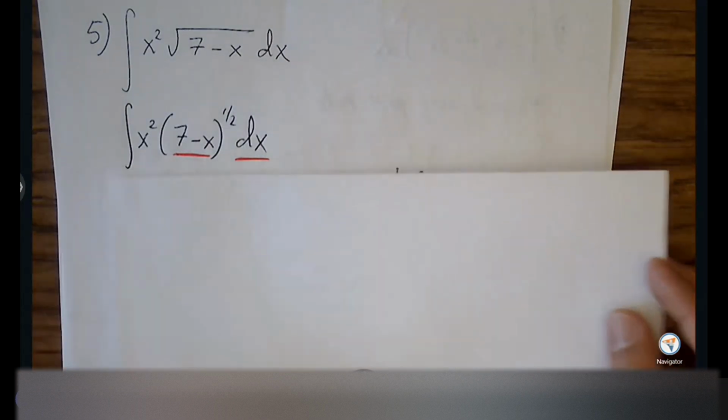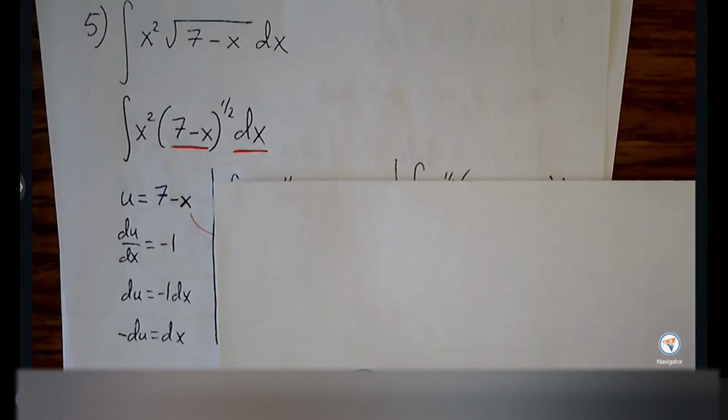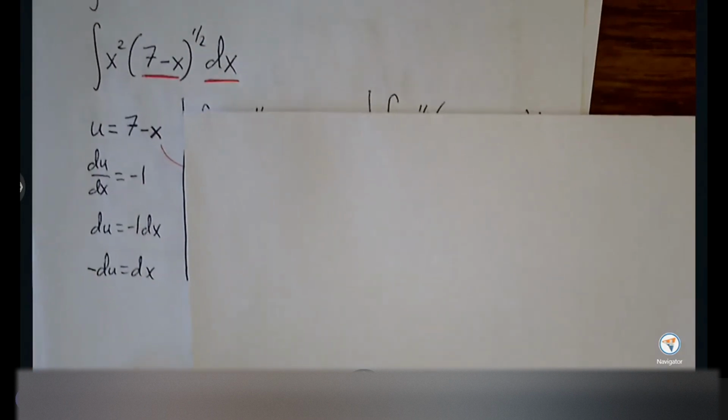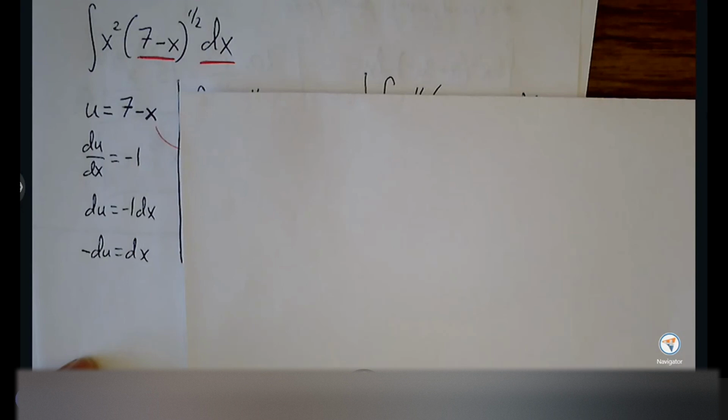Okay, so we let our u value be 7 minus x. We go through our steps there. We make our substitutions. So du dx, 7 goes away to 0. Negative x becomes negative 1. Cross multiply, move the negative over.